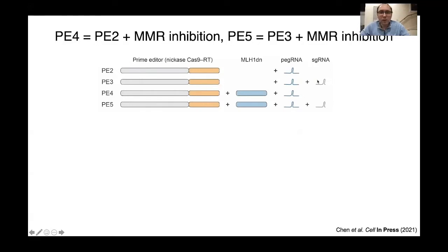PE3 editing strategy also includes a nicking guide RNA that nicks that non-edited strand and helps direct DNA repair to install the edit. What's new in this study in press now is PE4, which is akin to PE2, but also includes MLH1 dominant negative, and also the PE5 strategy, which is akin to PE3, but includes this MLH1 dominant negative.